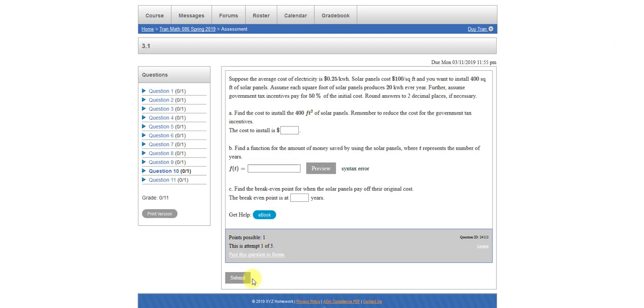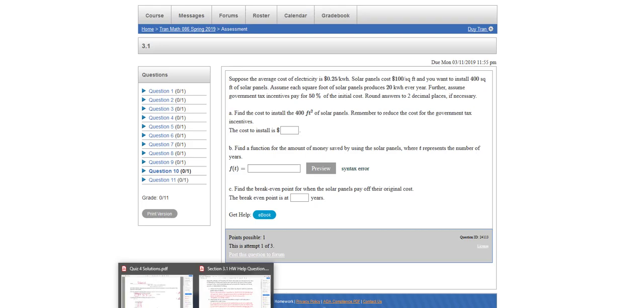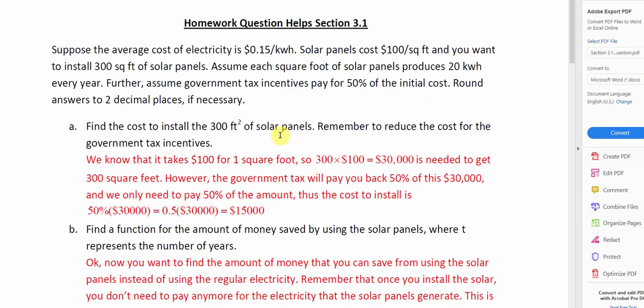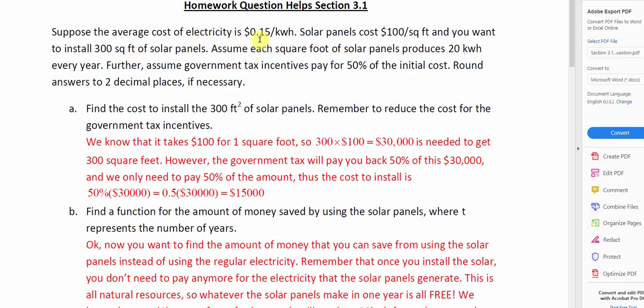Okay, let me open a similar question. Yeah, same question, but different numbers here. So suppose that the average cost of electricity is $0.15, or 15 cents, per kilowatt hour.